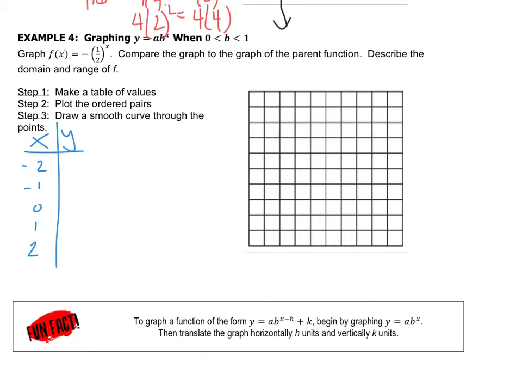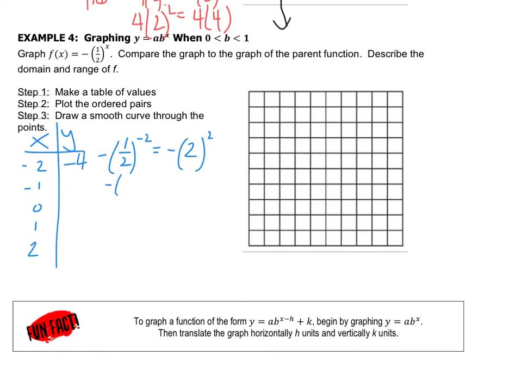If I plug in a -2, notice that that negative is out in front of the parentheses, so it won't get affected by that negative exponent. So the negative exponent would flip over the 1/2 and make it a +2, and then still raise now to the +2. So that's going to give me a -4.